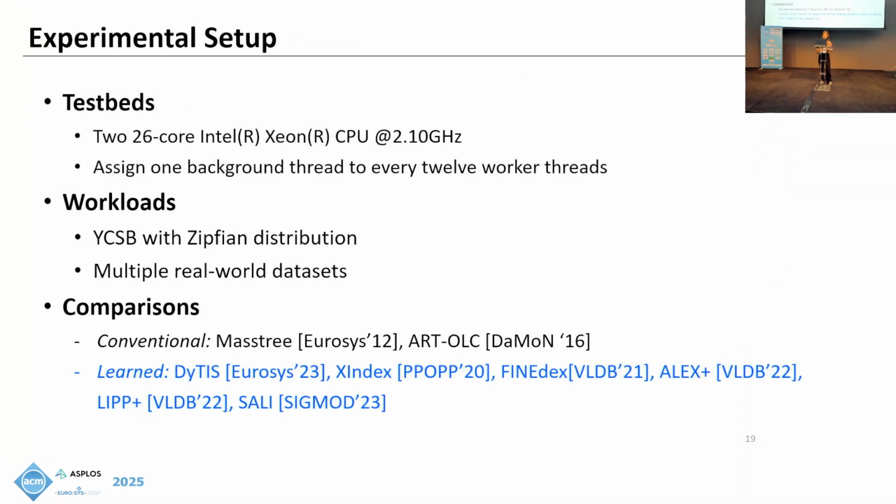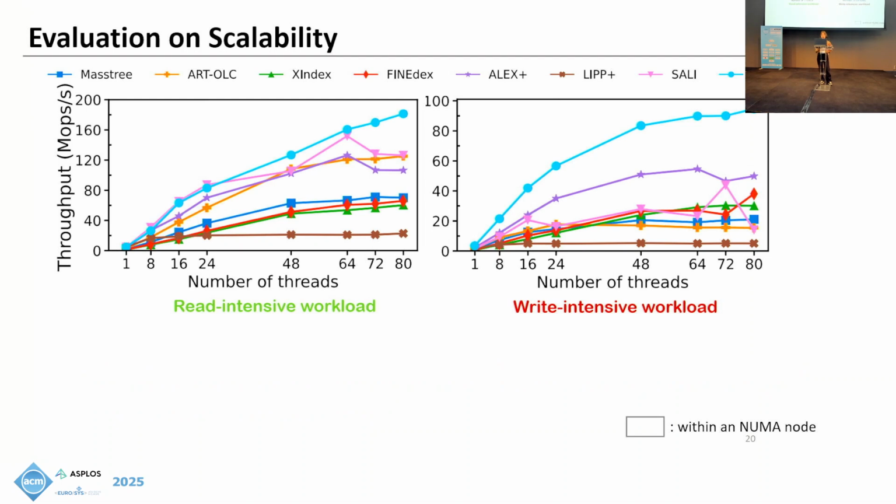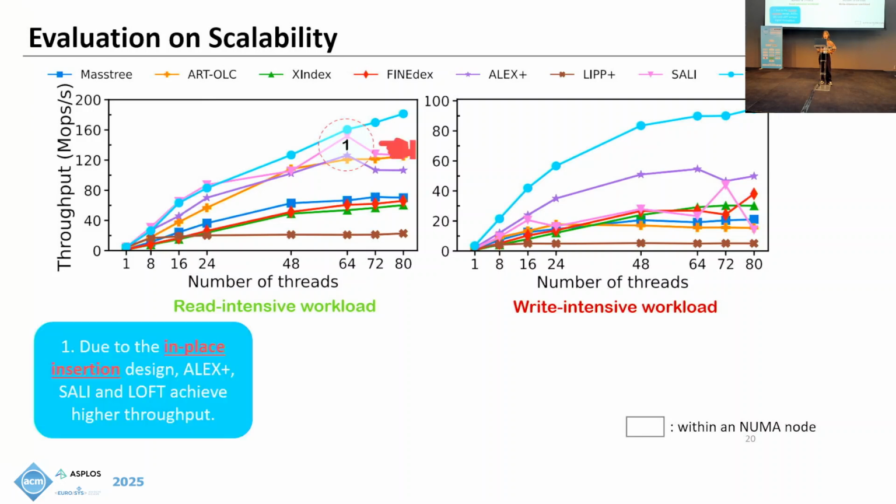For evaluation, we compare LOFT with conventional index structures like Masstree and LRT, and we also compare it with a set of learned schemes. You can see the blue ones. We first evaluate the scalability in the read-intensive and the write-intensive workloads. We can see here, due to using the in-place insertion designs, Alex Plus, Sally, and LOFT each achieve higher throughput in the read-intensive workloads.